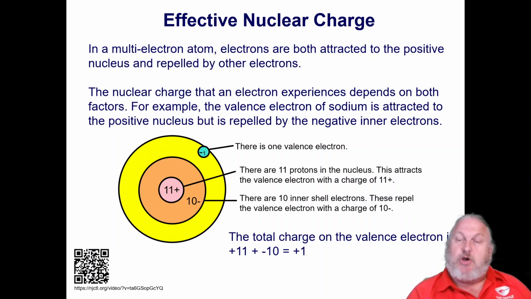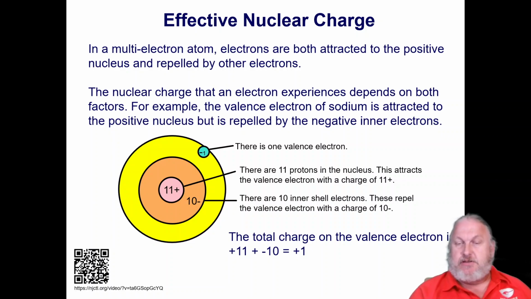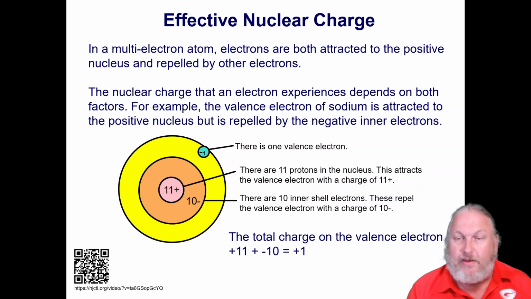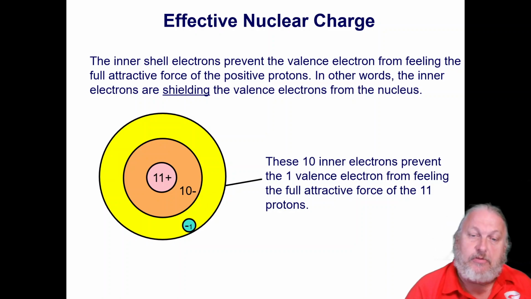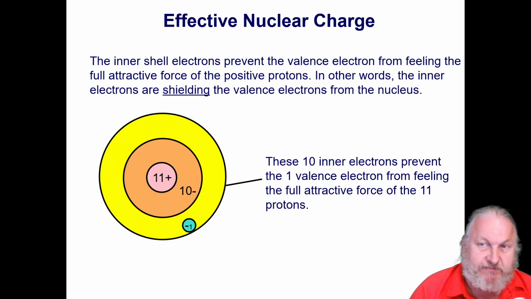So the total charge on the valence electron, or what's attracting it, is plus 11, the number of protons in the nucleus, plus the number of the inner shell electrons, which is minus 10. So the charge on that would be plus 1. So those inner shell electrons keep the valence electron from feeling that full attractive force of the positive protons.